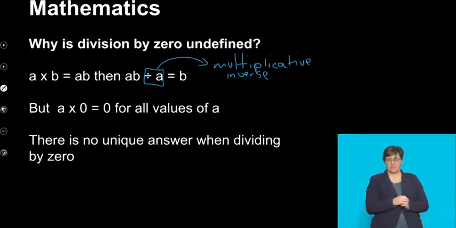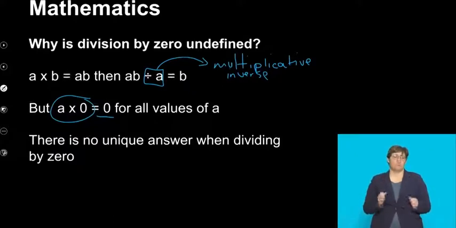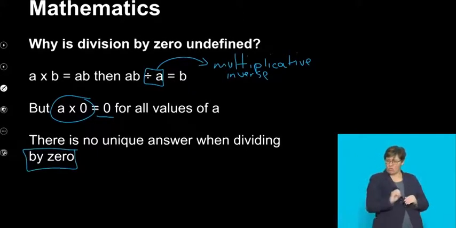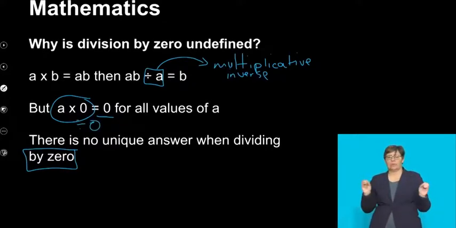But what if I have a times 0? A times 0 is equal to 0 for all values of a. It doesn't matter what a is. But we don't have a unique answer when we divide by 0, meaning the multiplicative inverse of 0. There is no way that you will get that, because how many times does 0 go into 0?